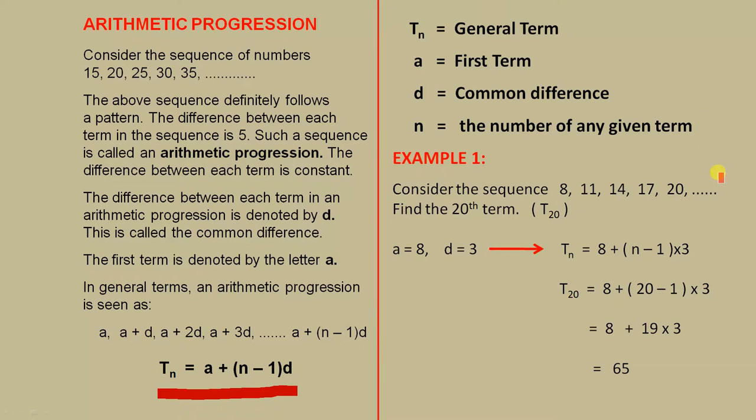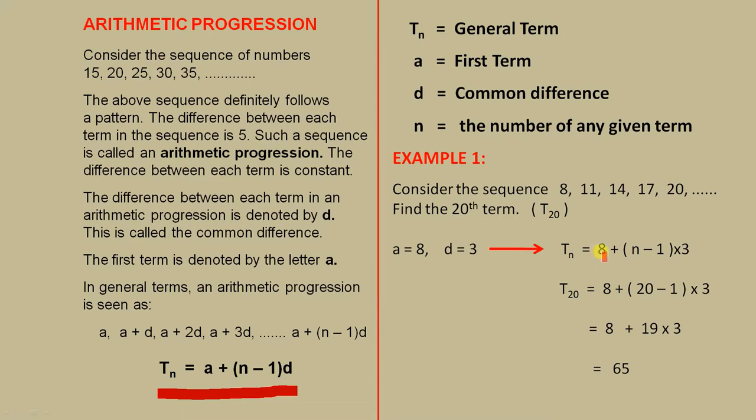First example. Consider the sequence 8, 11, 14, 17, 20 and so on. Find the 20th term. Now here we can see from this sequence that a equals 8, because that's the first term, and d equals 3, because that's the common difference.